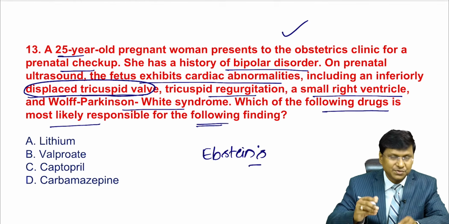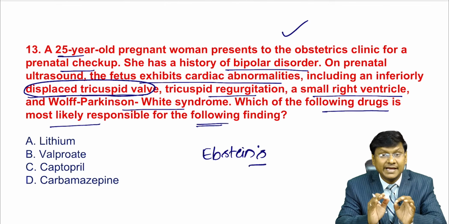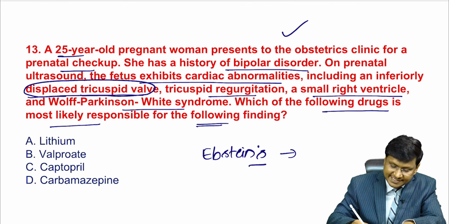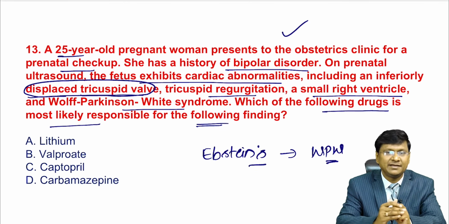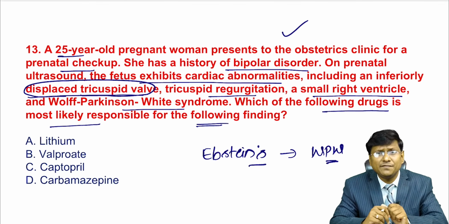So in Epstein's, you will have distal displacement of the tricuspid valve, and there will be atrialization of the right ventricle, and there will be small right ventricle, and the ECG will show in patients with Epstein's there is increased chances of the presence of an accessory pathway in case of Epstein's, right? And presence of the accessory pathways in Epstein's is nothing but the WPW syndrome.